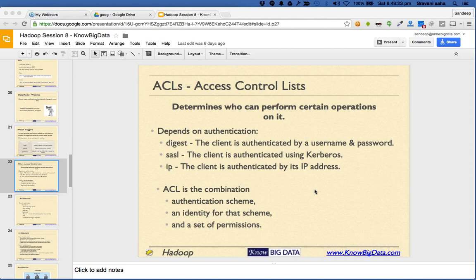Third is IP based. In situations where IPs can be trusted, specifically in certain security environments, in certain data centers, IPs are very hard bound with the MAC address. When you bind an IP address with a MAC address, in those cases it makes sense to base the authentication on the IP address. But again, IP address is not a great way of ensuring security.